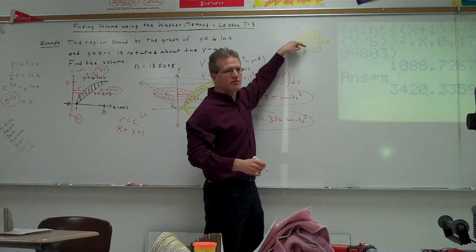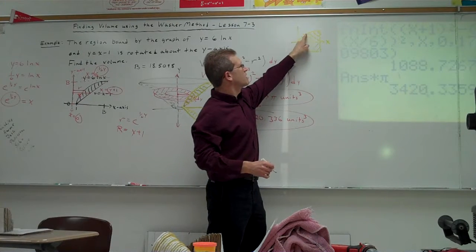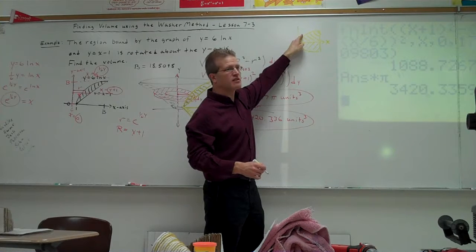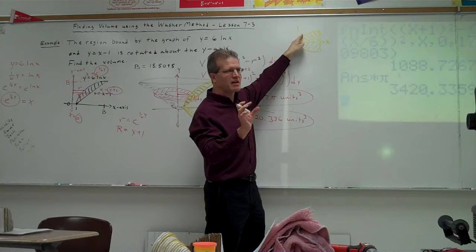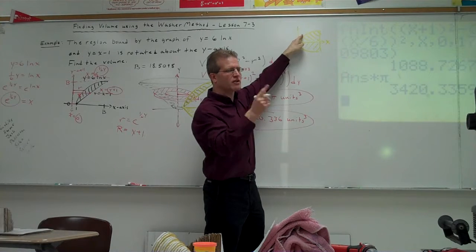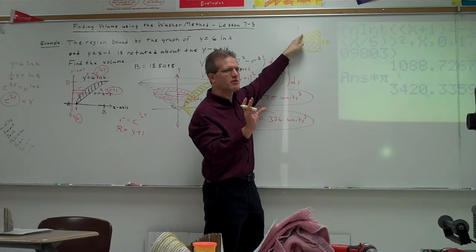That would be the disk method. But if I rotated this figure around the y-axis, I see white space here between the y-axis, then that would be the washer method. So you're looking for that white space. If you see that white space, you know that when you rotate it, you're going to get some hollow area and hollow volume in the middle.